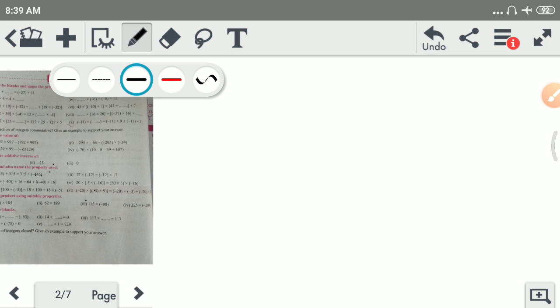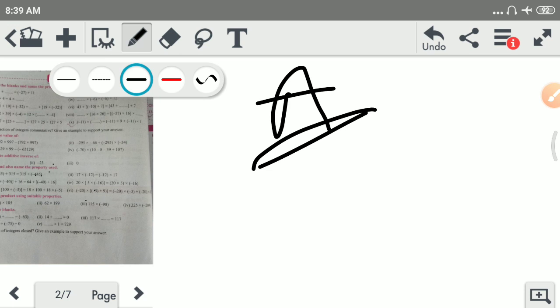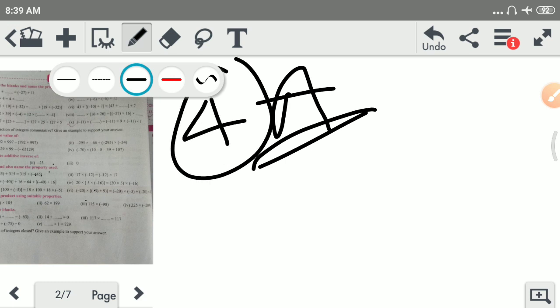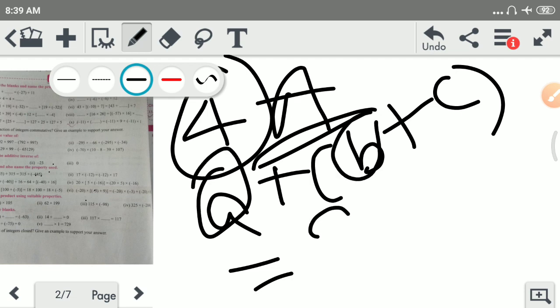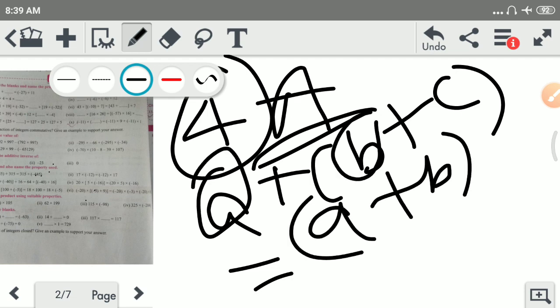For associative I am writing only one A, because this text is very small. So for the associative property, it is property number 4. A plus B plus C is equal to what, students? If A and B are together inside the bracket, then C comes out. If the order changes like that, the answer will still remain the same. So that it will satisfy your associative property.